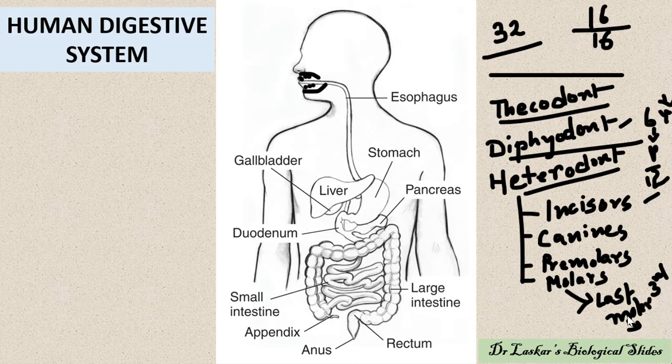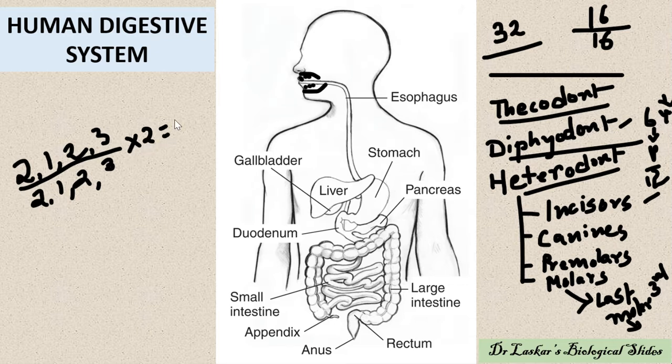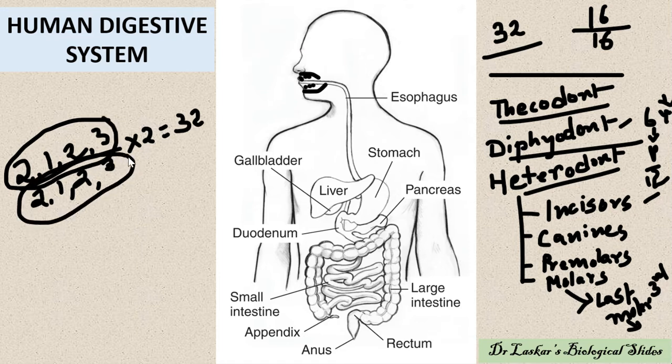So the dental formula of the human adult is 2123 by 2123 into 2 is equal to 32. It indicates the half part of the upper jaw and the half part of the lower jaw.